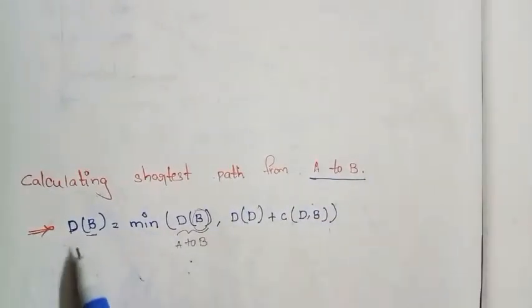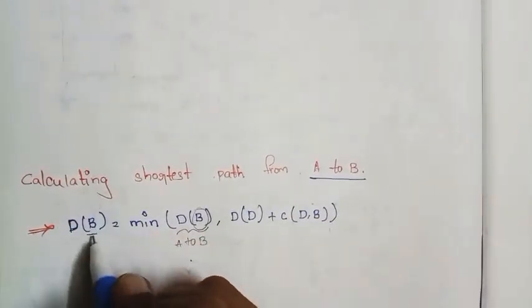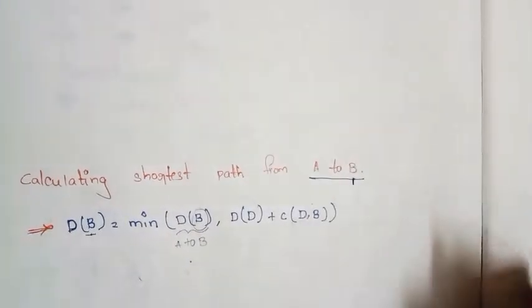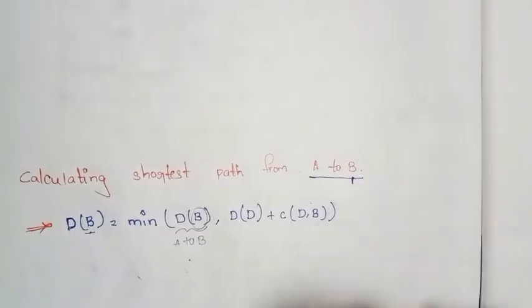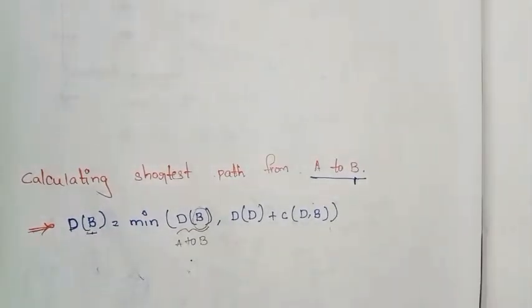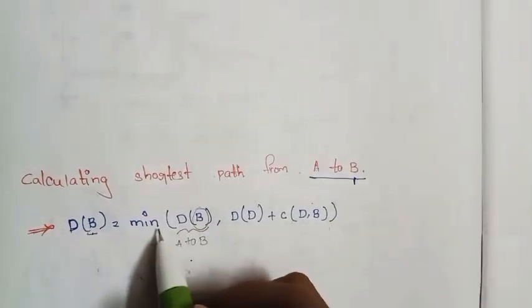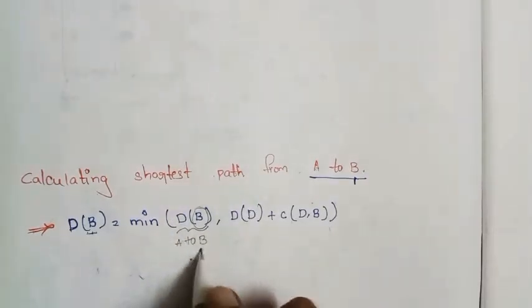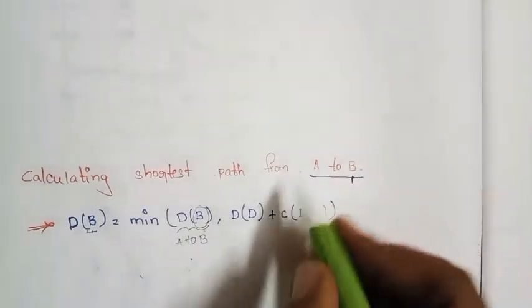So the formula is calculating the shortest path from A to B. How to find, guys? This is D of B, whatever the node we are going to find a shortest path for, that is B. In place of B, if we have C, just replace it with C. Then here minimum of D means the distance from A to B, whatever the distance we have, we just represent here.